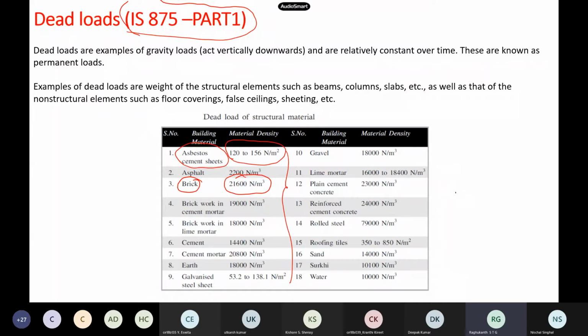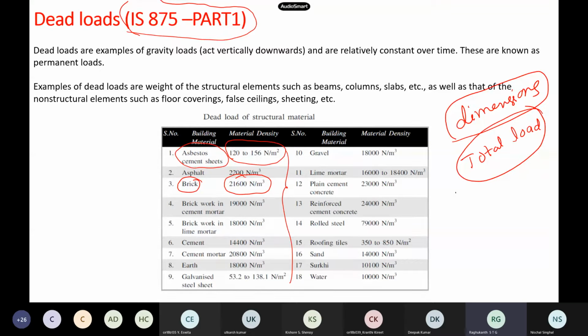The dimensions of the building you calculate: the length, height, thickness, or volume. Then you multiply this by the material density, and you will get the total load. This is how we do our designs. So you can calculate the dead load. For lime mortar, everything will be given there. You have to use this and find out the load.